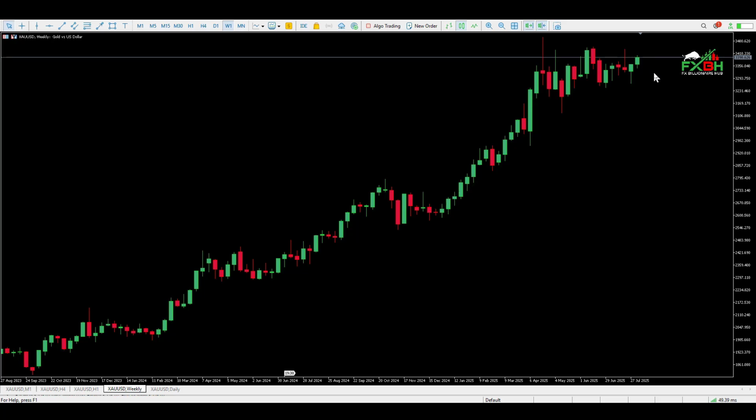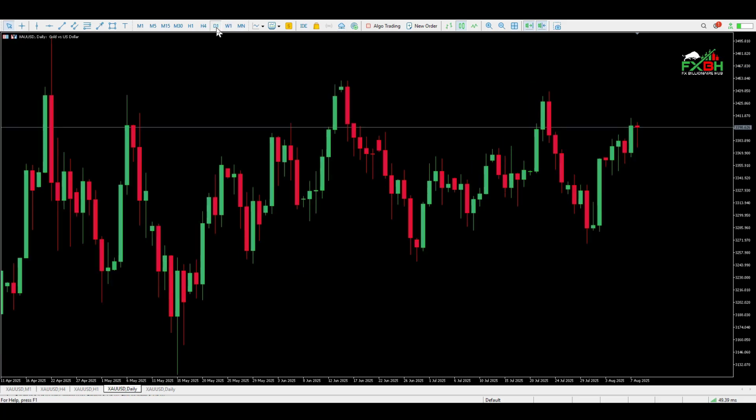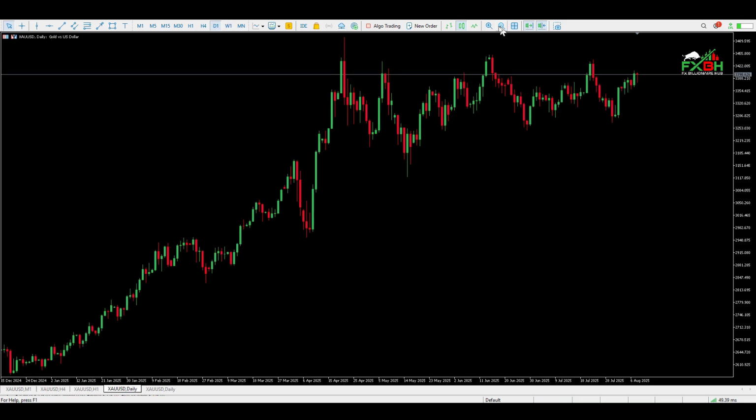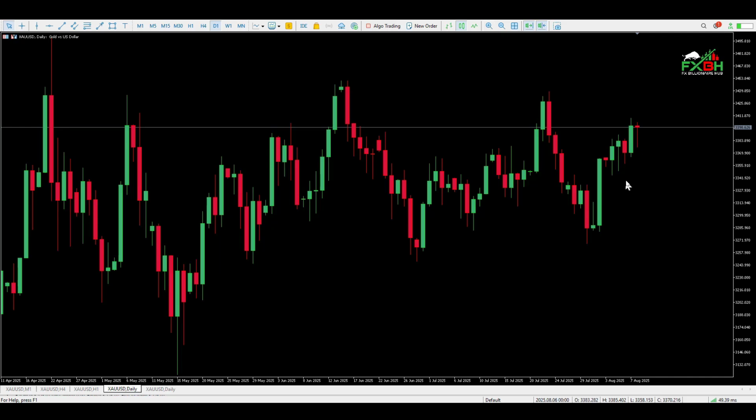Okay, so let's move into the daily time frame. If I especially want to analyze the last 5 days' candles, like last week's candles, there are 3 days of bullish candles, that means strong bullish, and 2 days of candles that were bearish, which were weak bearish.